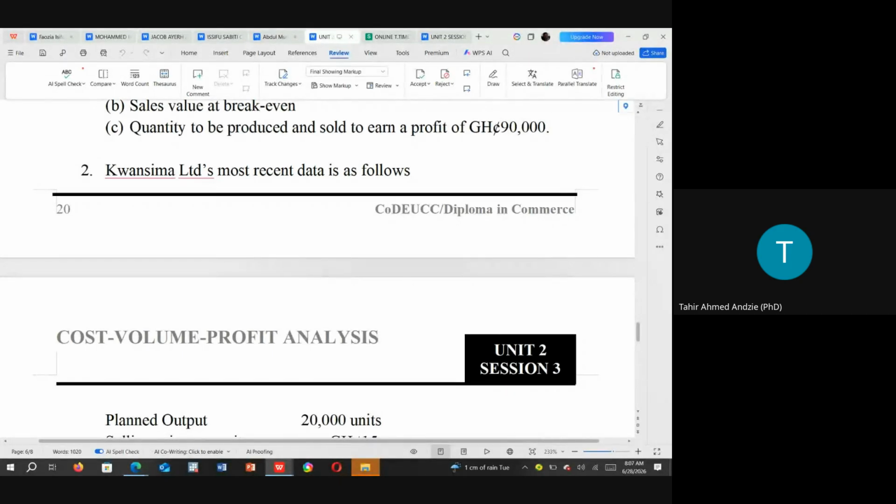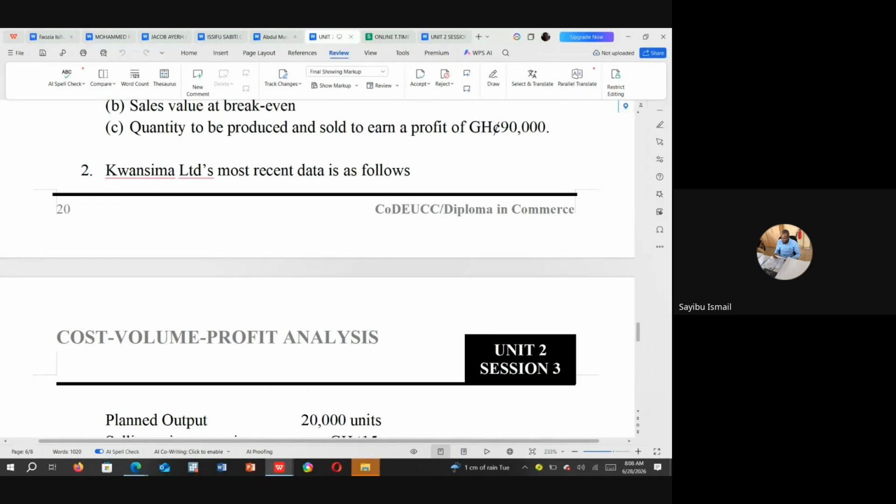So you divide this by 1 minus the tax element. That will give you the total amount that you require, so that when you take the tax element from it, you'll be able to make your target profit. Then you add that to fixed cost. So it is the target profit divided by 1 minus the tax rate. You understand that?